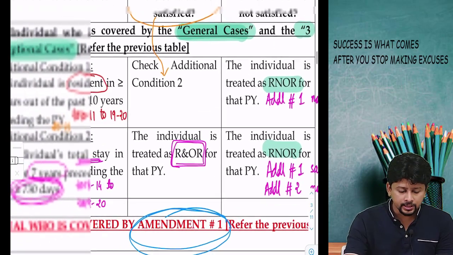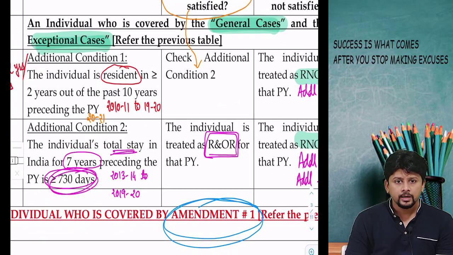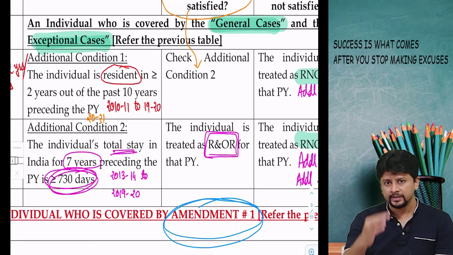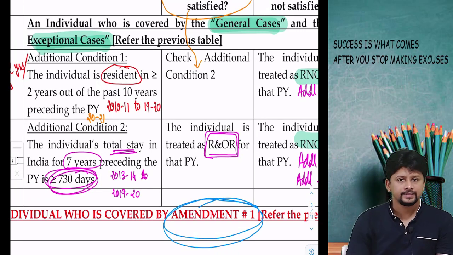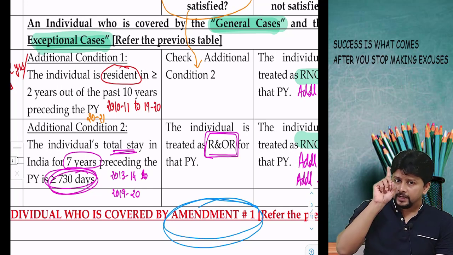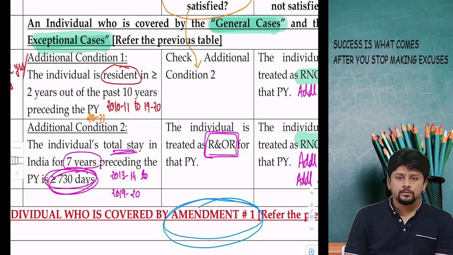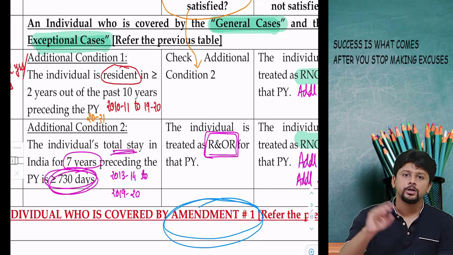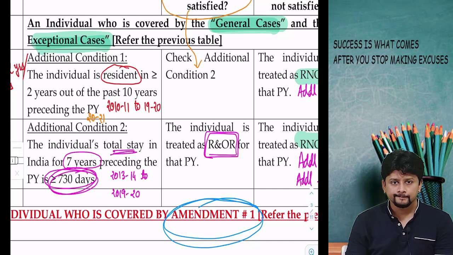So additional conditions, if you simply observe, are talking about your past years, past 10 years, past 7 years. You satisfy both the additional conditions, you are a resident and ordinarily resident. You satisfy any one additional condition, or you satisfy 0 additional conditions, you are a resident but not ordinarily resident.